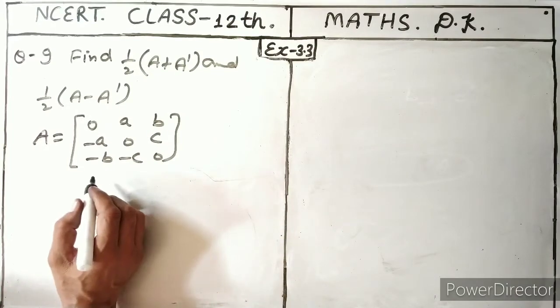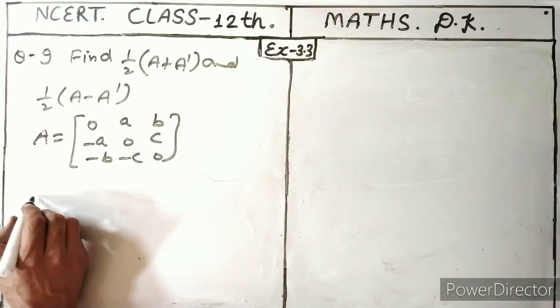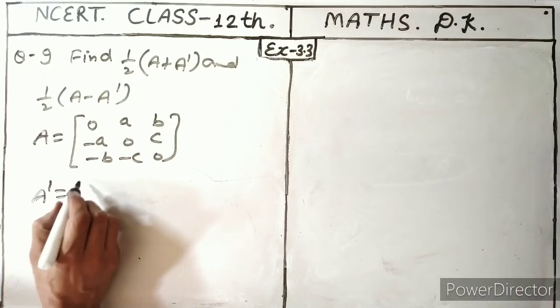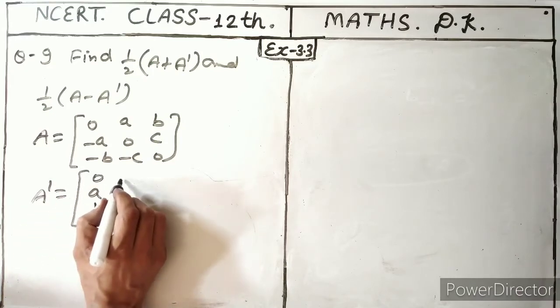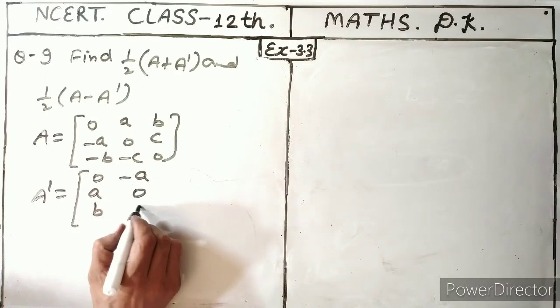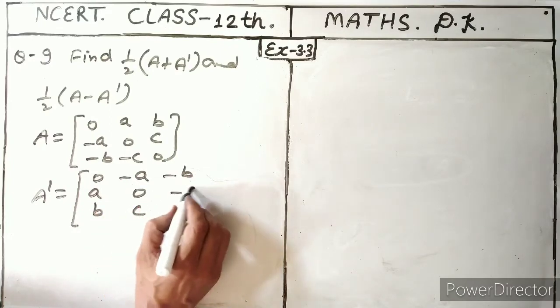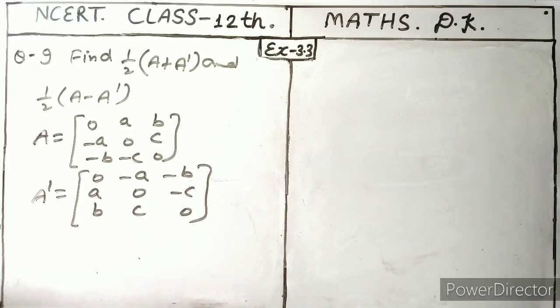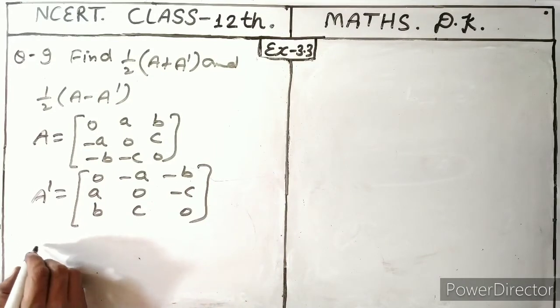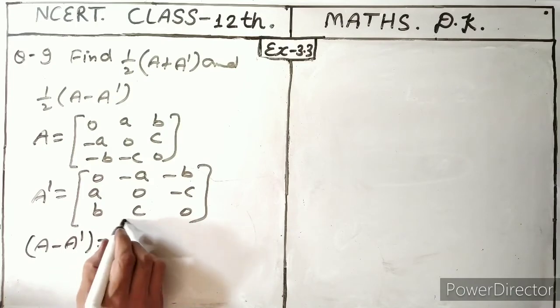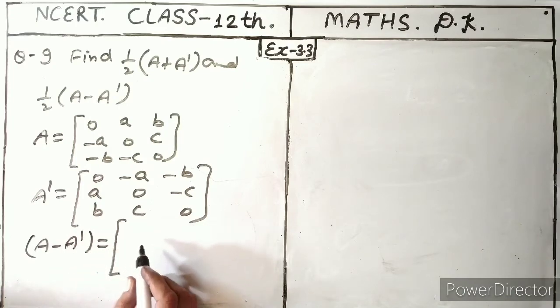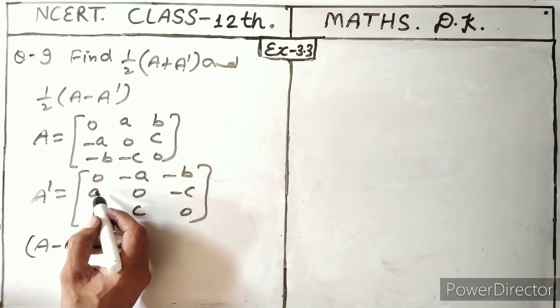Now we find A transpose, and A transpose is 0 minus a minus b a 0 minus c b c 0. And now A minus A transpose.